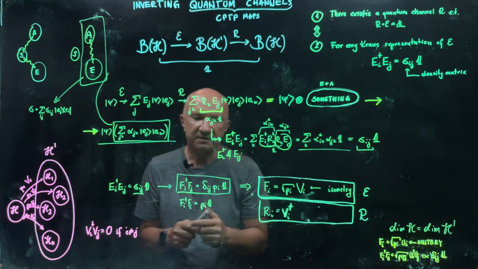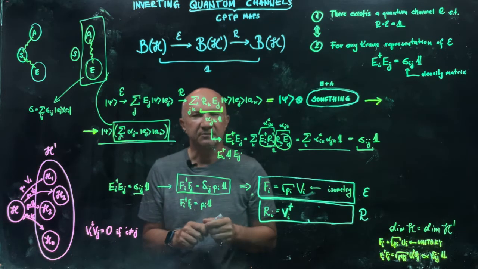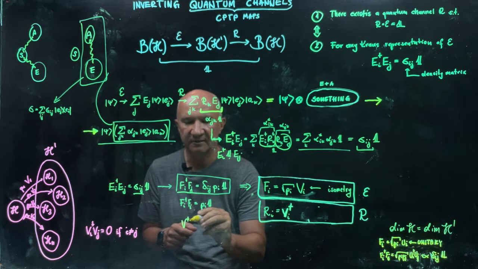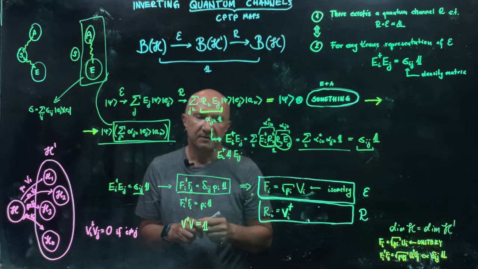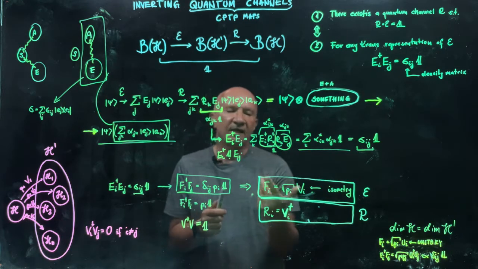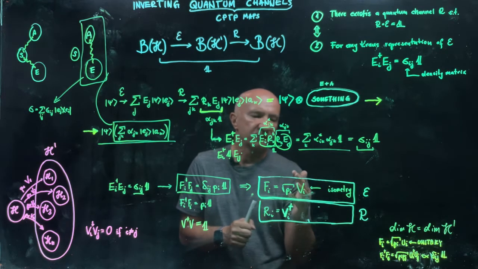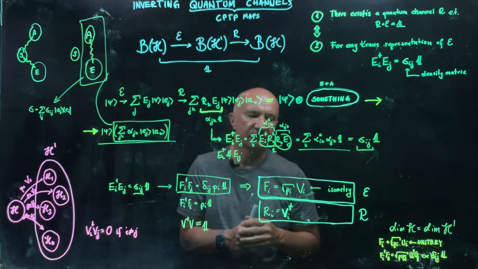That implies right away that Fi is proportional to an isometry. Remember, for an isometry, we have the condition that V dagger V is equal to the identity. So clearly Fi has to be proportional to some isometry Vi, with the proportionality being the square root of pi. So that gives us the isometry.